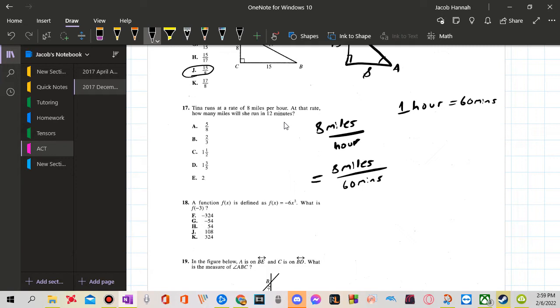Okay. So if we take this number, we do 8 divided by 60, which is, I think it's 7.5. Yeah, 7.5 miles per minute.